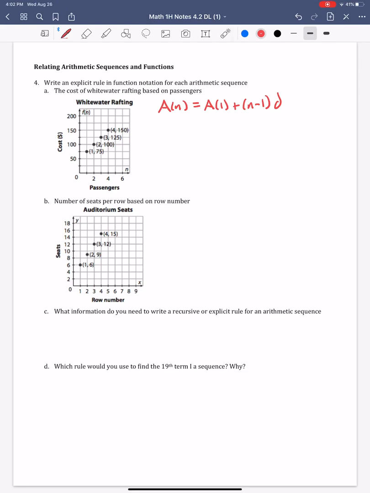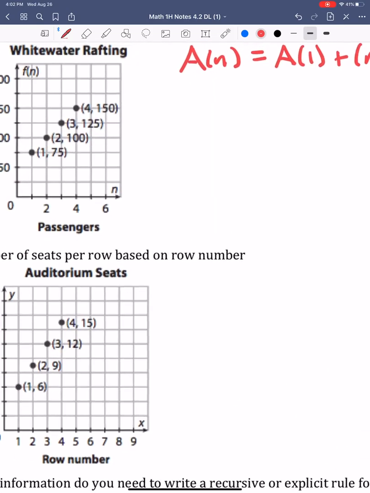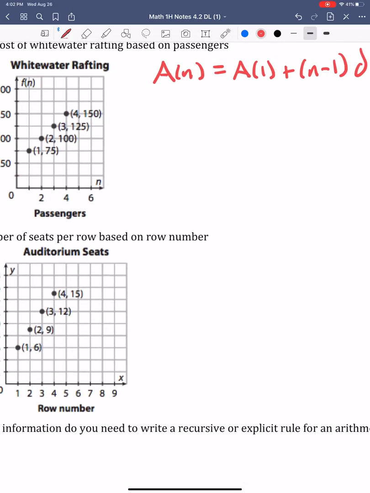So if you look at this set of points that we have here, we'll zoom in a little bit. We can see that the first point that we have is 75, right? That's 1 comma 75. So that's going to be a1.